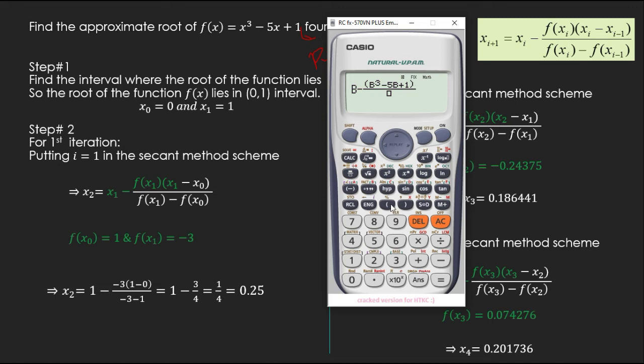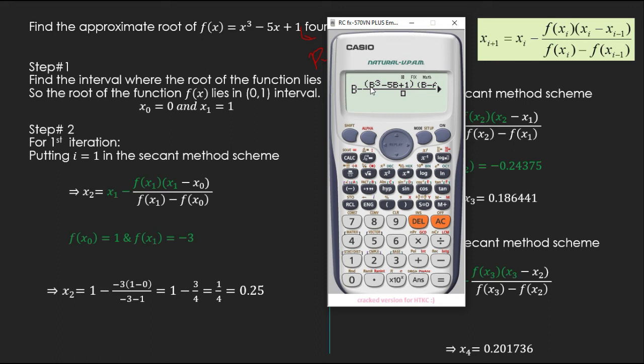And then according to the scheme we need to write xi minus xi minus 1. As we have assigned xi to b, I will write xi as b minus, and I will assign xi minus 1 to a. So I will write a, divided by f of xi.